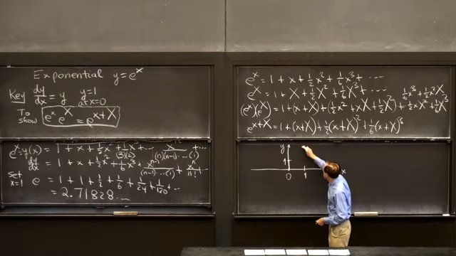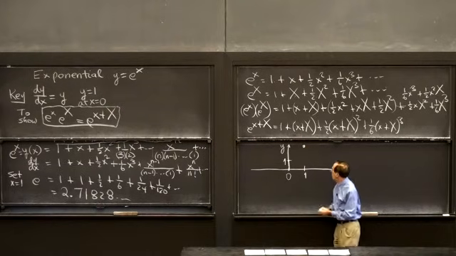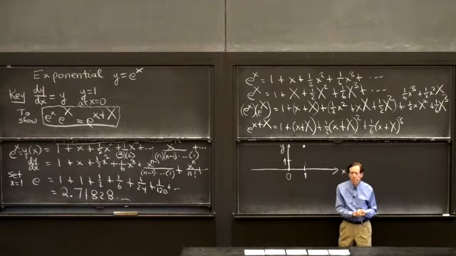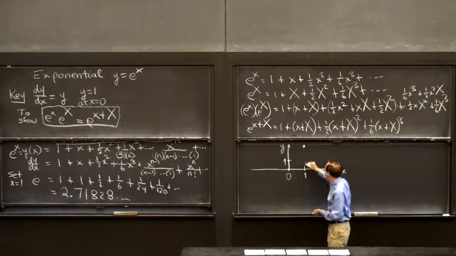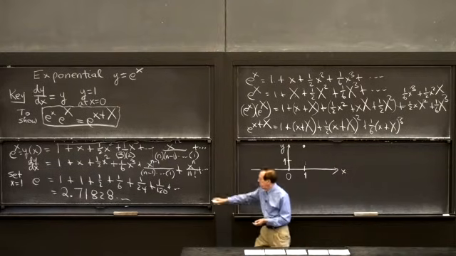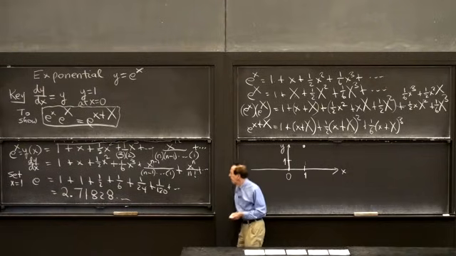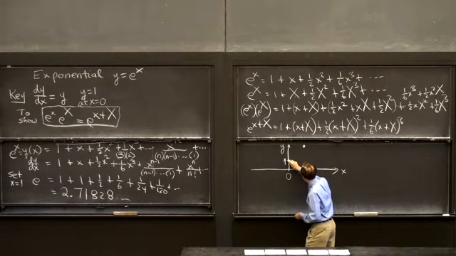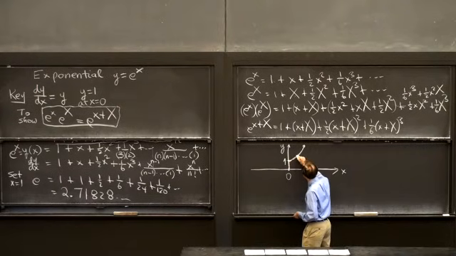And it reaches here. That height is what? e. That height is e. Because when we said x equals 1 here, we got e. So it's climbing, climbing, climbing. And on the other side, that had a slope of 1, so it was more like that.